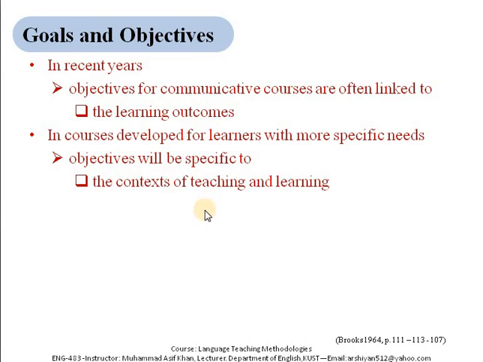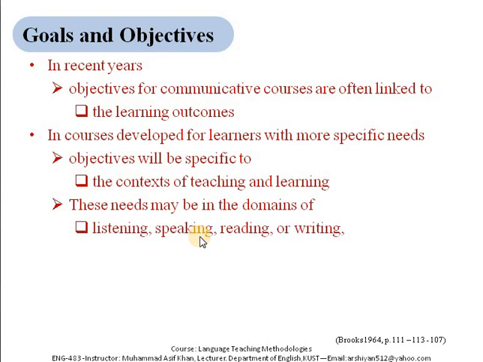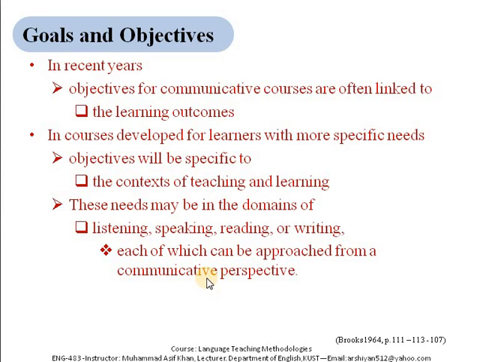These needs may be in the domain of the four skills, concerned with listening, speaking, reading or writing, and each of these skills can be approached from the communicative perspective. So these are the goals.